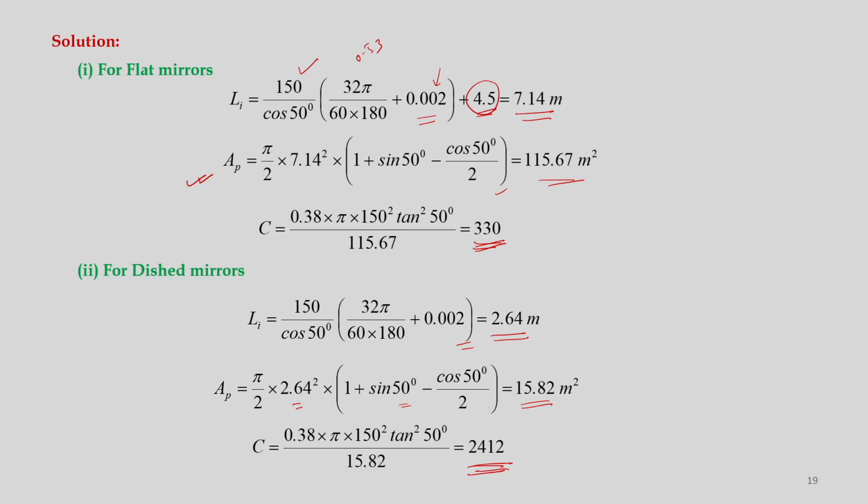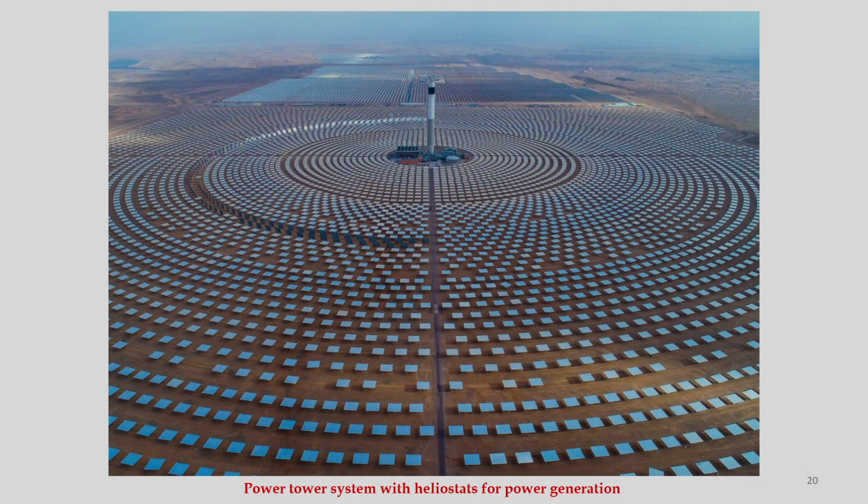This is a very important problem to understand the difference between the two mirrors, and how we can increase the concentration. Now, this picture shows the installation of a megawatt level power tower system.